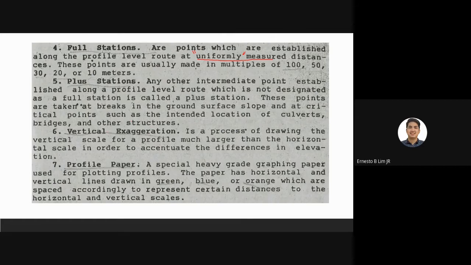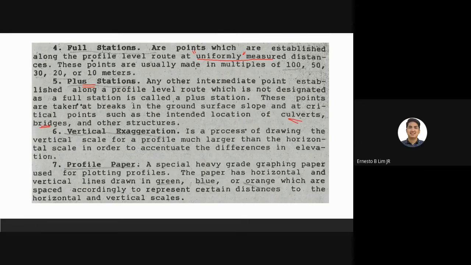There would be some points along the project where there's a need to really get the elevation, so there are possibilities that we'll be using plus stations at these particular points. If you want to know the elevation for culverts, for bridges, and other structures.